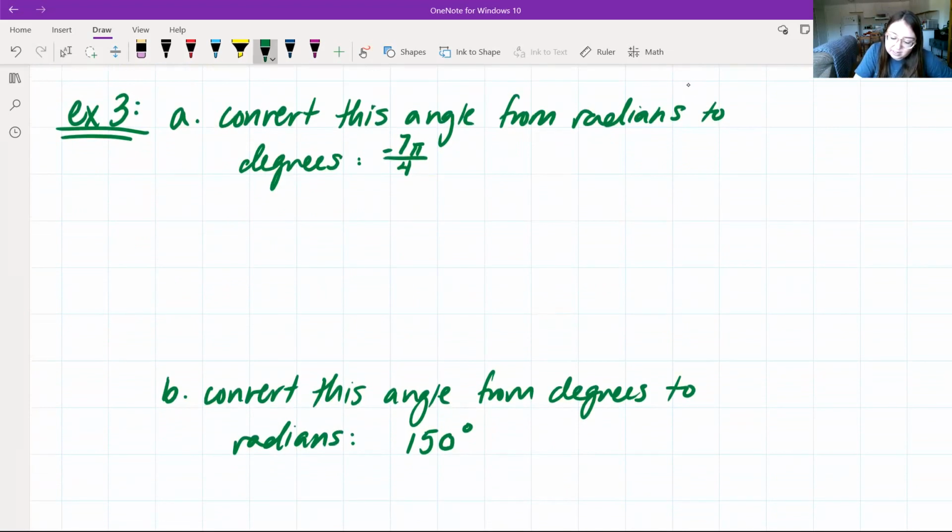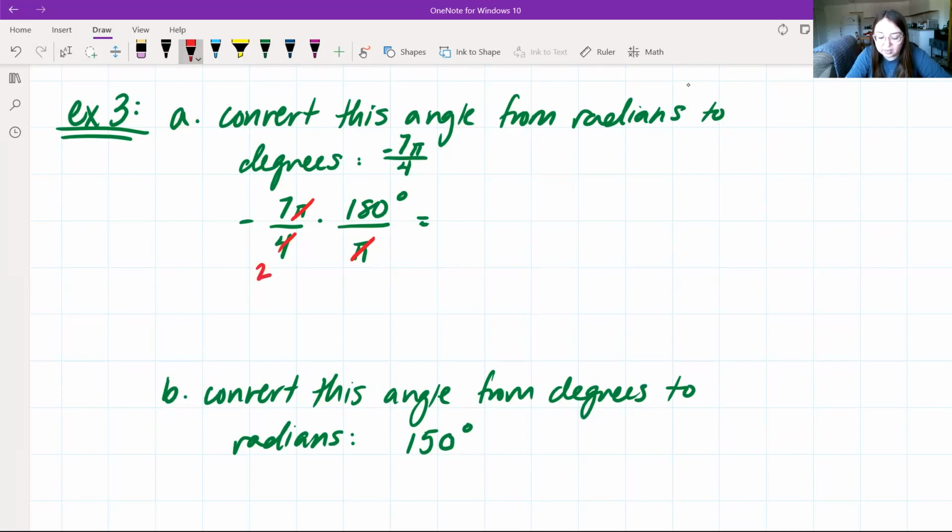So we have negative 7 pi over 4, which we're now multiplying by 180 divided by pi, where 180 is in degrees. We see that our pi's will cancel out. We can also simplify our 180 and 4 a little bit.